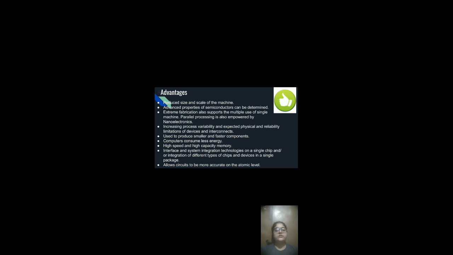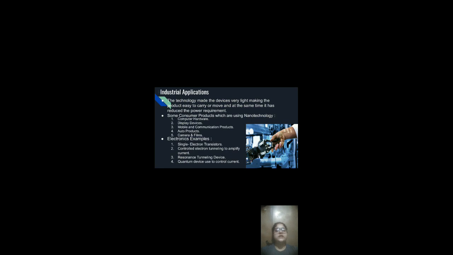Then there comes interface and system integration technologies on a single chip and integration of different types of chips and devices in a single package. And the last one is it allows circuits to be more accurate on the atomic level. These are the advantages.